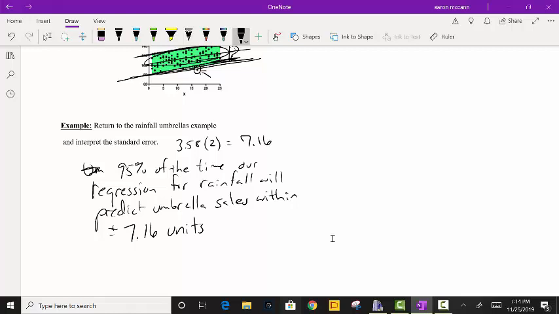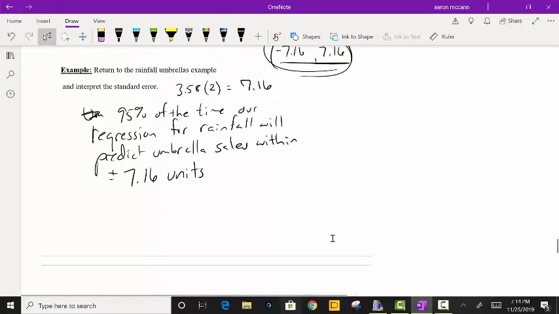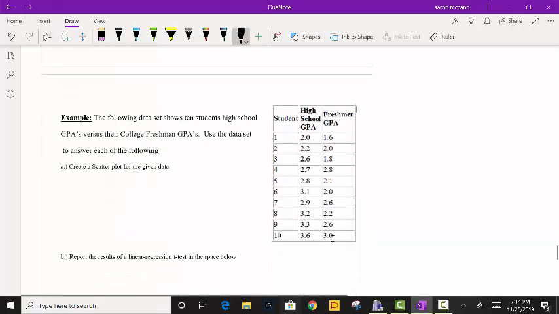Okay, and so that's saying that we are 95% confident that the average of all our predictions will be within plus or minus 7 units of what actually happens for that given amount of rainfall. And that's a pretty big statement once again, because then that kind of relates to the accuracy of our line.